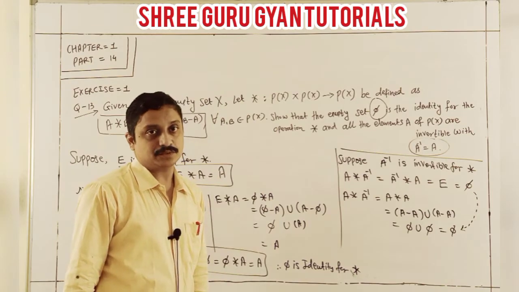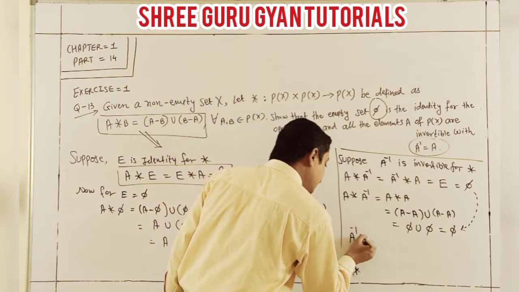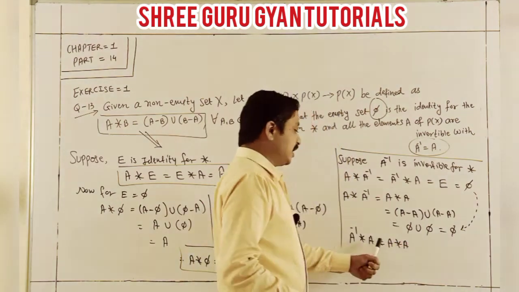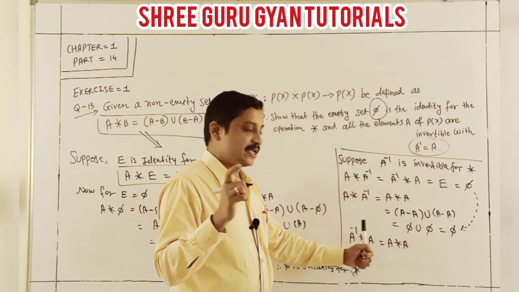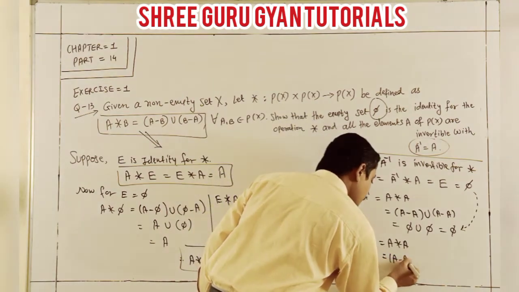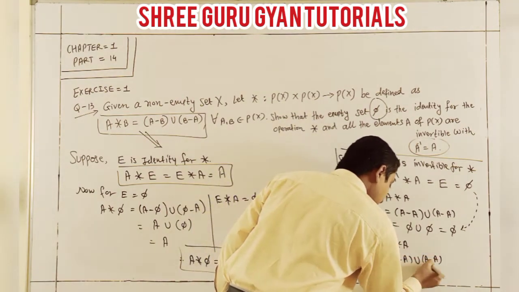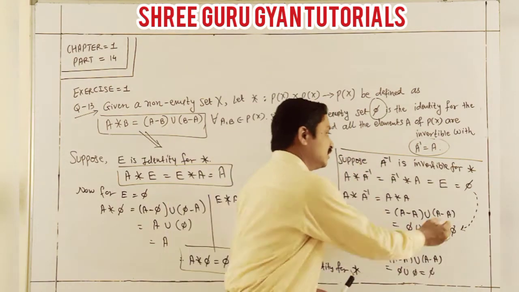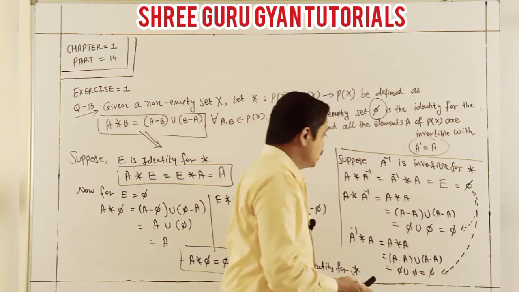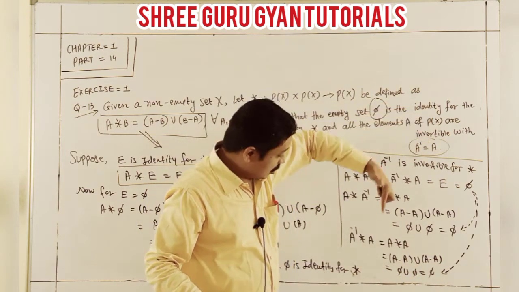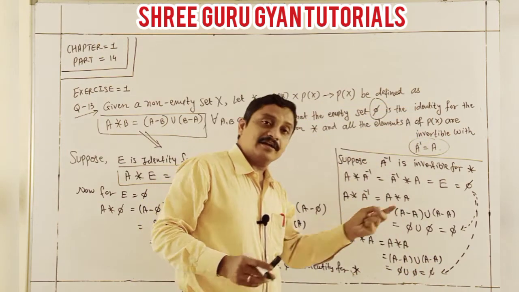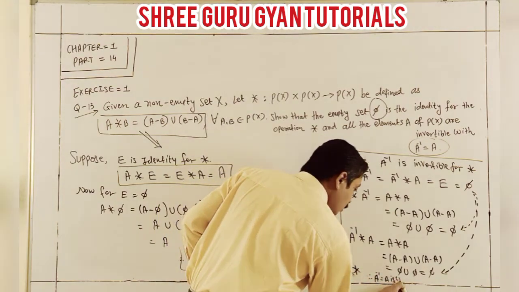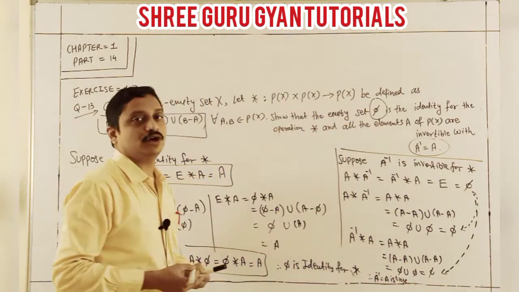Same as the second case: A inverse binary A, again A binary A, taking A inverse as A. The rule is the same and the same result comes. So the property is done. This A inverse equals A is valid, so lastly we can say A inverse equal to A is true. It is an invertible function for the given binary.